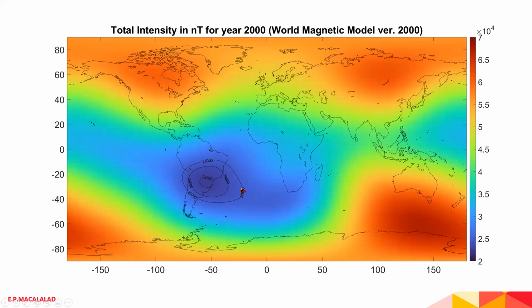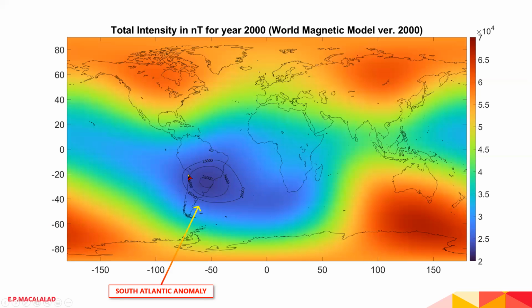In other words, the magnetic field protection in this area is less than the protection in other areas. We have a special name for this. This is actually called the South Atlantic anomaly. For the South Atlantic anomaly in 2000, it's located somewhere here.